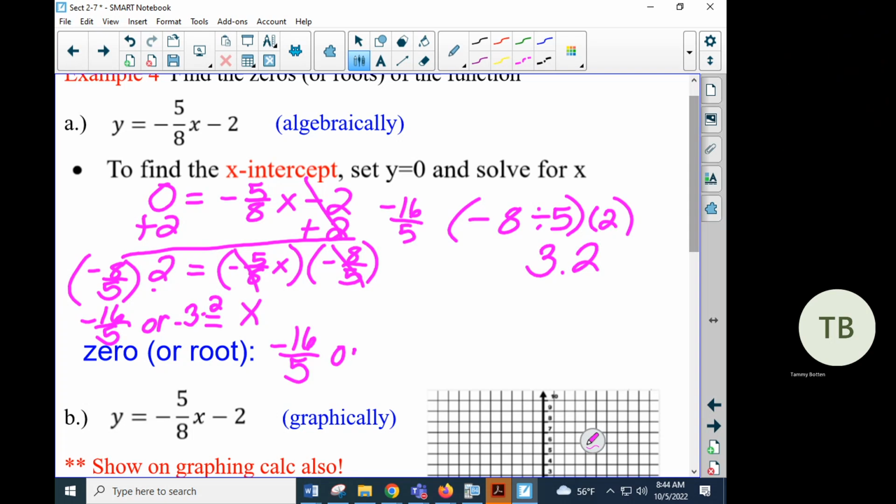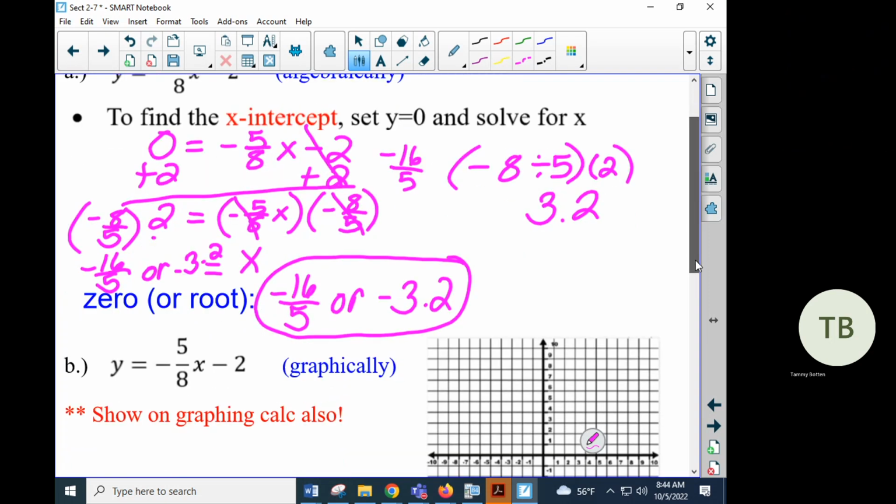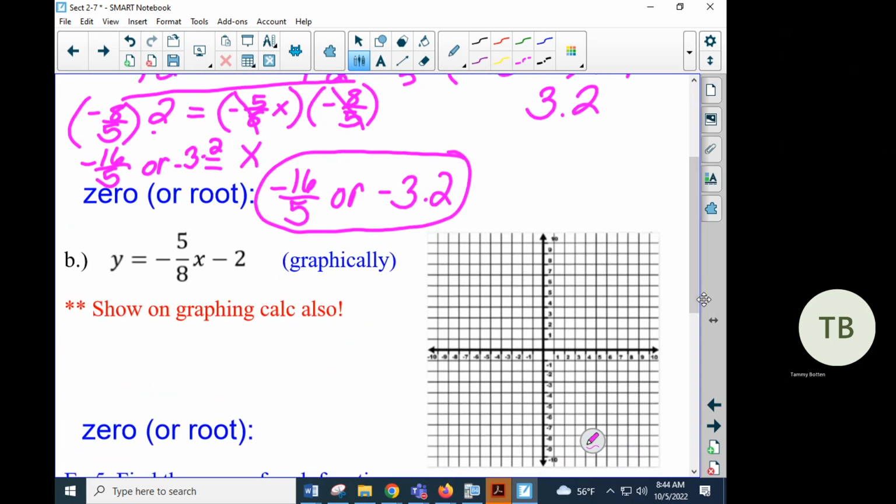Okay. Now this one is one that you can't really use graph paper for. Whenever it's not a whole number where it crosses through, you can't use graph paper because it's a decimal. You can't really do that.